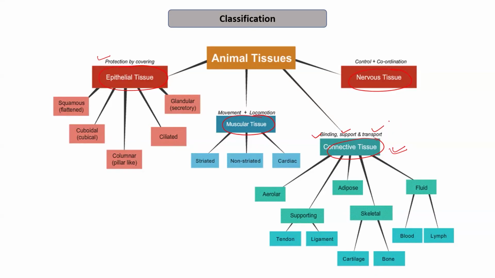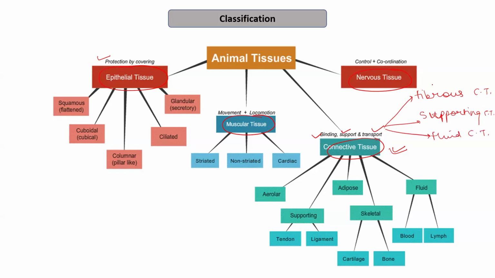So connective tissue can broadly be classified as fibrous connective tissue. Then we have skeletal connective tissues or supporting, it's better to write supporting connective tissues, that provide the support. And then we have fluid connective tissue.